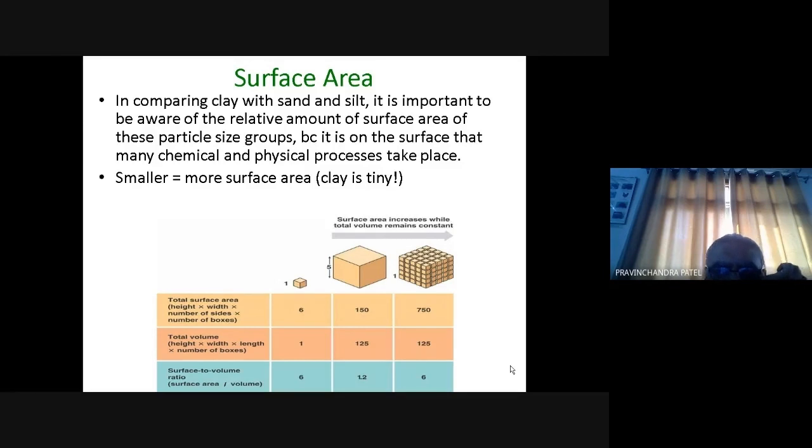So remember that when your soil particle is small, there will be more surface area. When your soil particle is larger, you have less surface area. So here it is clay, here it is sand. Sand is larger in size and has less surface area.